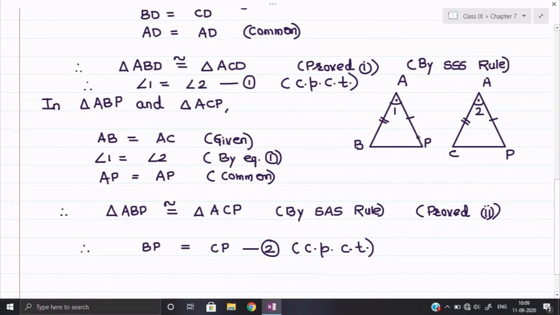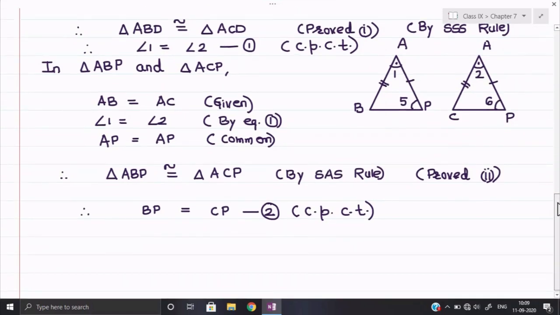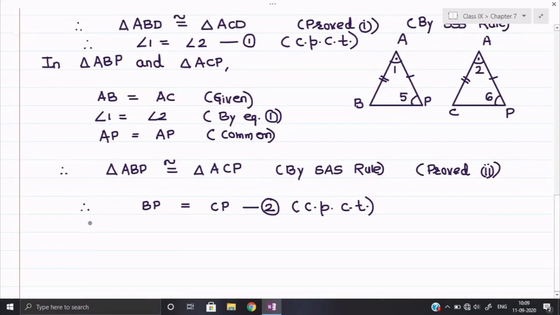APB is my angle number 5 and APC is my angle number 6. So angle 5 and angle 6 are corresponding angles and hence they will also be equal. So angle 5 is equal to angle 6, again with the help of CPCT. Okay, and this equation I will suppose as equation number 3. These two angles are equal, I am supposing each by x.